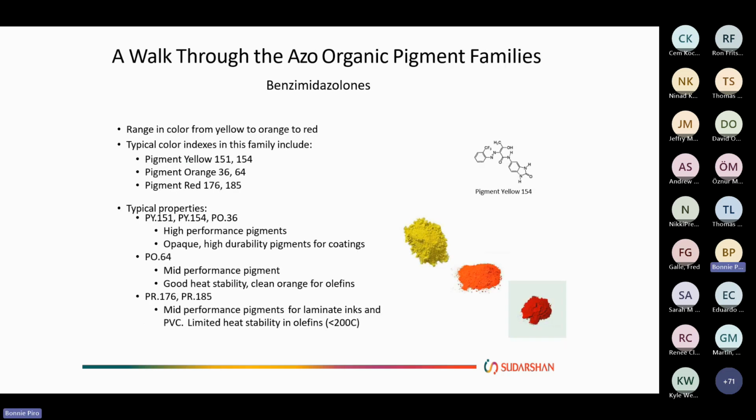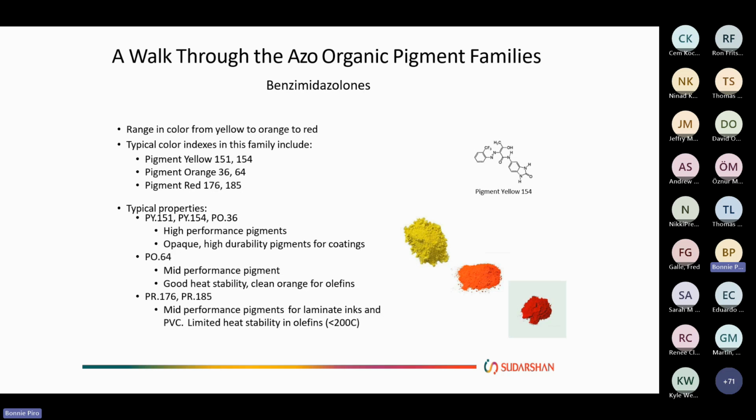Benzimidazoles. Here we're transitioning to some more of the high performance pigments. These tend to be workhorse pigments in both coatings and plastics areas. Some key ones in the spaces from the yellow side are the Pigment Yellow 151 and 154. On the orange side, it is the Orange 36 and 64.